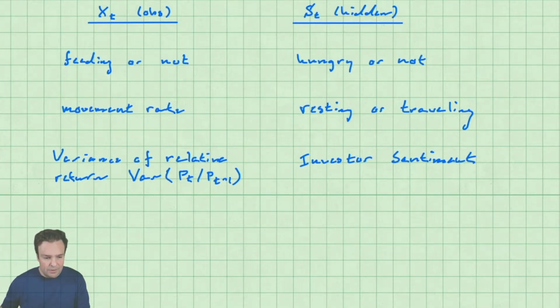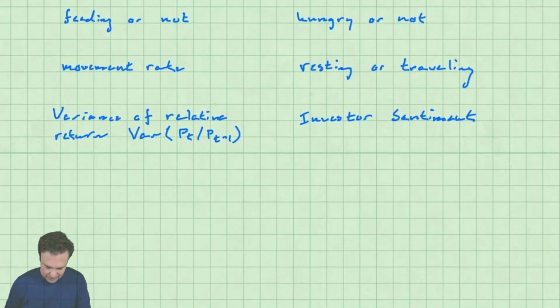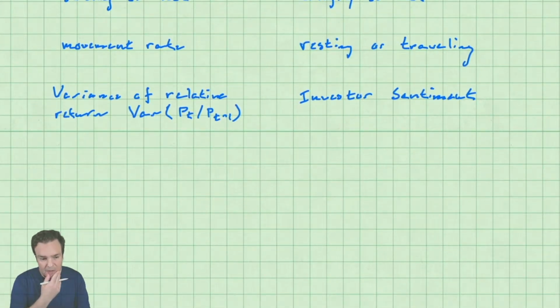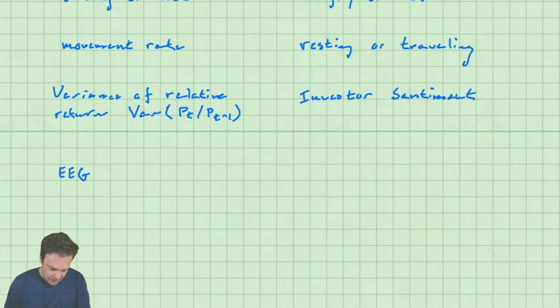Another one, there are lots of biological examples you could consider, but I find this example kind of fun. Imagine, I don't know if you've ever had one, there's a medical device or procedure called an EEG, electroencephalogram or something like that.